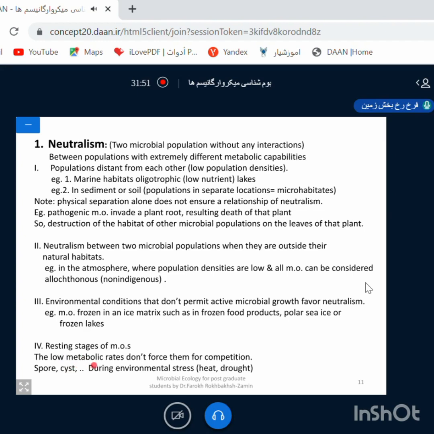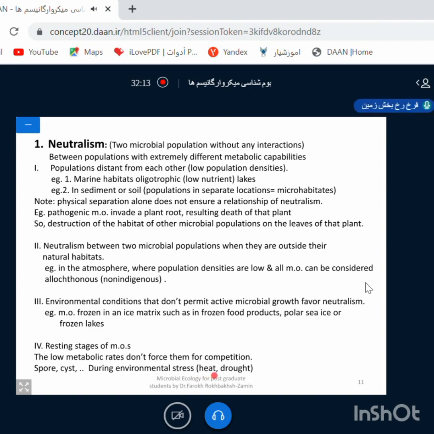Number 4, resting stages of microorganisms. The low metabolic rates don't force them into competition. Spores, cysts, etc., any resistant forms during environmental stress like heat or drought.